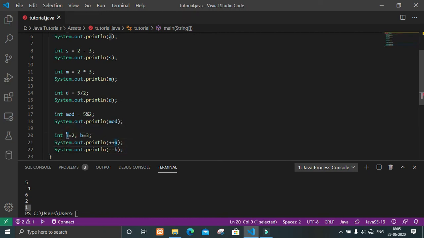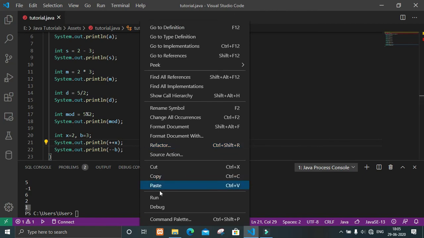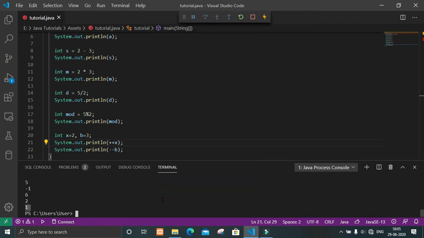And here there is an error, so let's take something new, and now let's run it. You can see here the value of x we are getting 3 because it is incremented by one value, and the value of b we are getting 2 because it is decremented by one value.